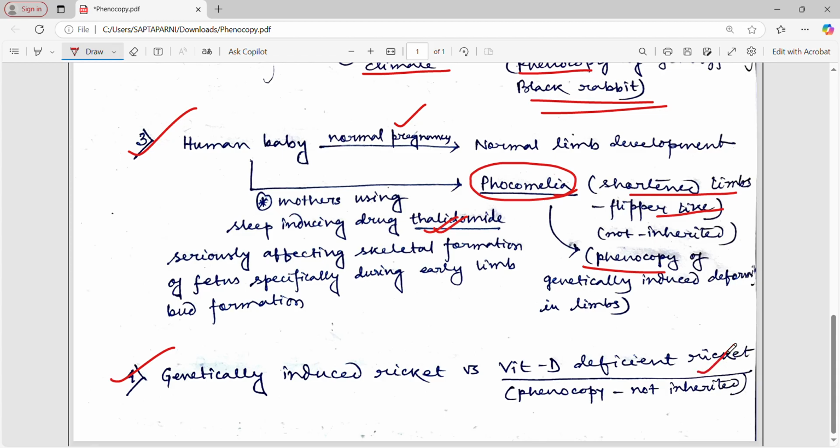So this rickets is not genetically controlled, rather it is a result of vitamin D deficiency in your diet. So vitamin D deficient rickets is a phenocopy of genetically induced rickets. It is not inherited. Got it? So this is all about phenocopy.